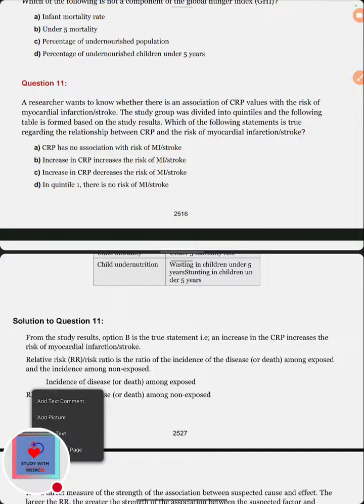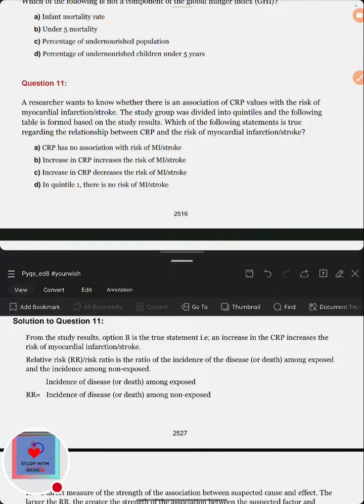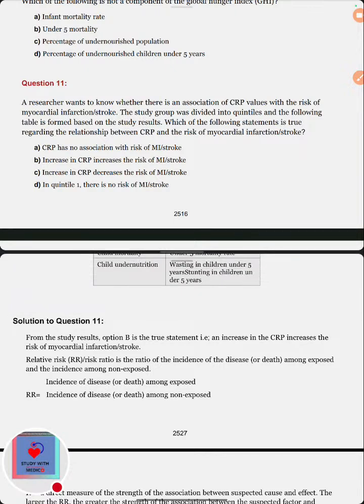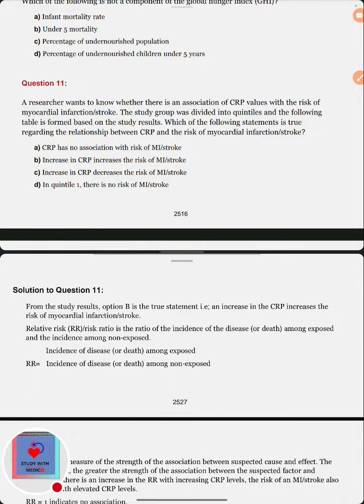Increasing CRP increases the risk, increasing CRP decreases the risk, or in quintile 1 there is no risk. So the study results show an increase in CRP increases the risk of myocardial infarction.